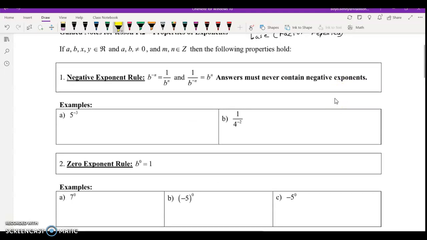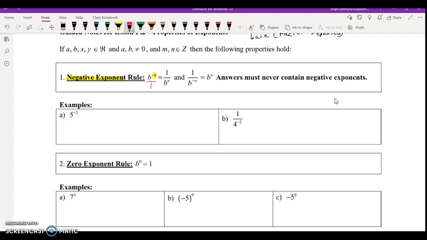So in this first rule, we're looking at what happens when we have a negative exponent. So I see here I've got a negative exponent on a base of b, and what happens is it flips over. It gets its reciprocal. So if I was to put a 1 under this, notice that this whole thing just flipped over, and when it flips over, the exponent becomes positive.